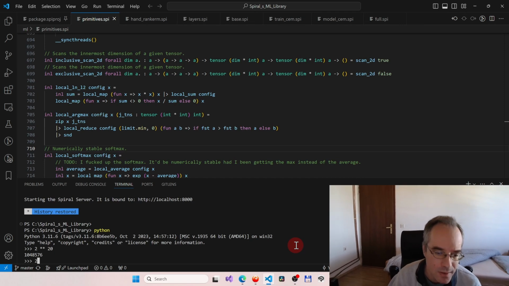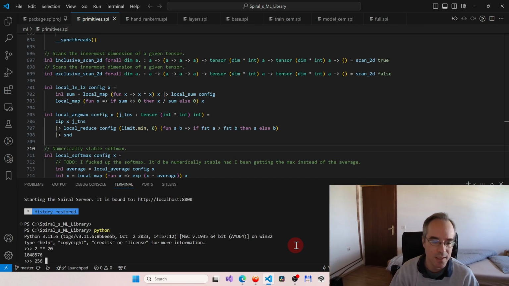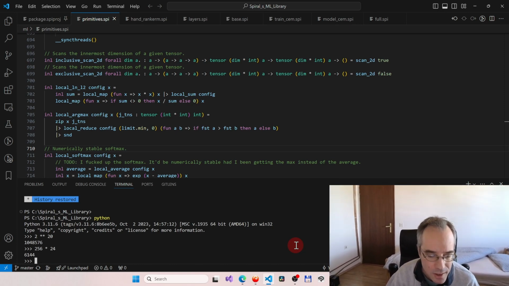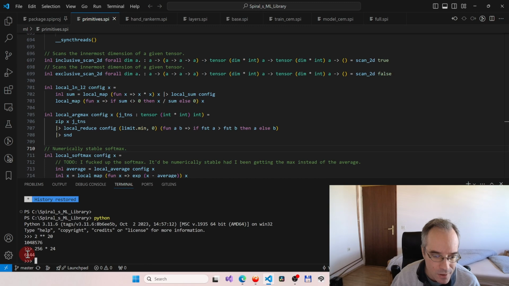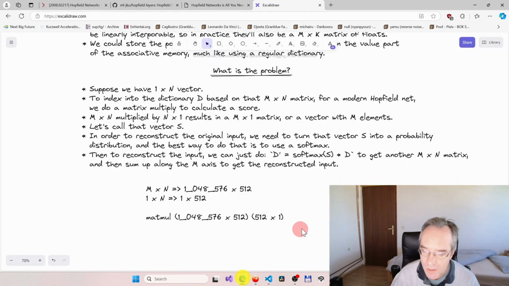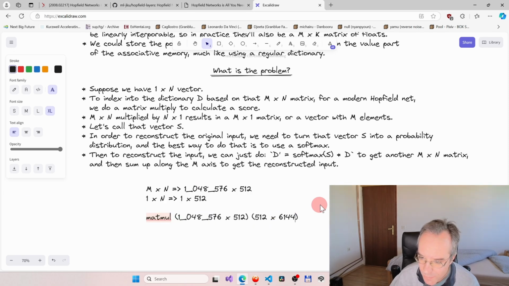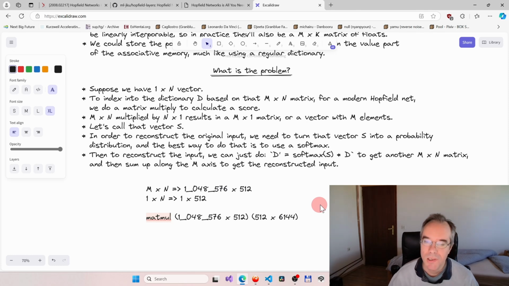This is the number of threads, 256, that we've been using when training with the tabular CFR, and we had 24 blocks. So it's 6,144 inputs in total. And this is an absolutely huge matrix multiplication.